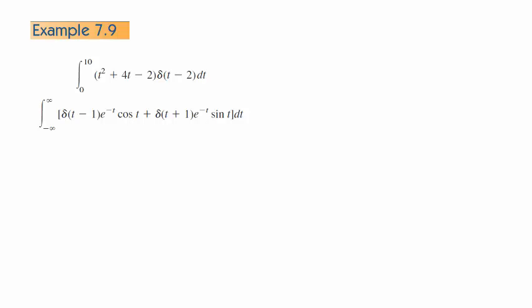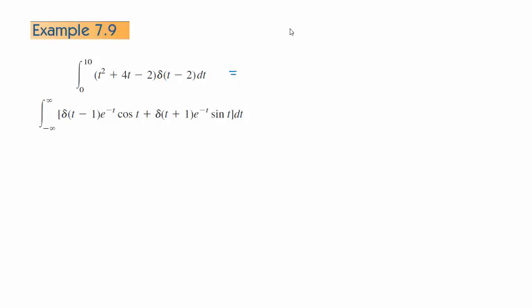So more examples using impulse functions. Here are two problems where the textbook says evaluate these two integrals, but notice that these integrals are functions times delta functions. When you see something like that, you don't even have to worry about the integration limits, because everywhere this function is 0 except at t equals 2.